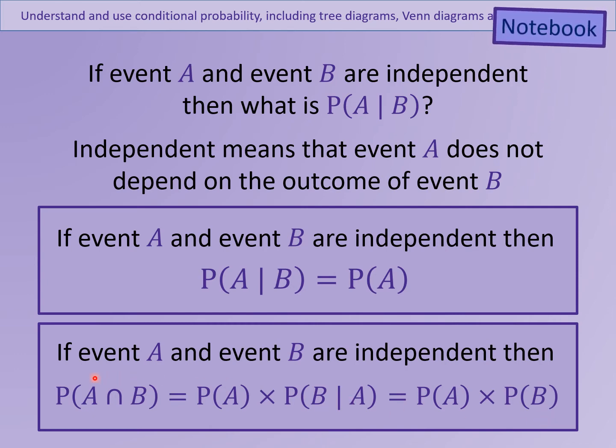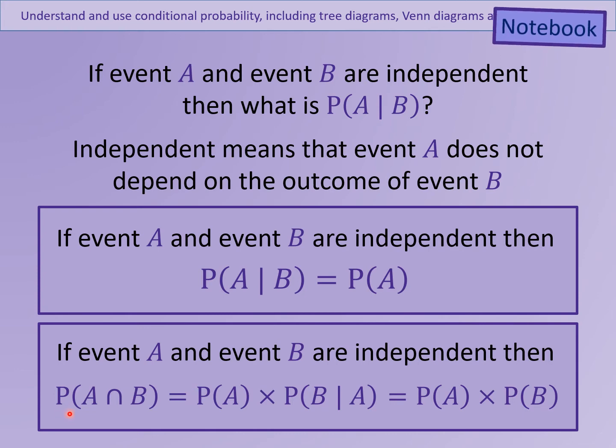So this comes to the conclusion that if two events are independent, then the probability of getting A and B is always exactly the same as the probability of A times the probability of B. And that's not always the case, only for independent events. So the probability of A and B is equal to the probability of A times the probability of B. And you can sometimes use this to prove two results are independent or dependent on each other.